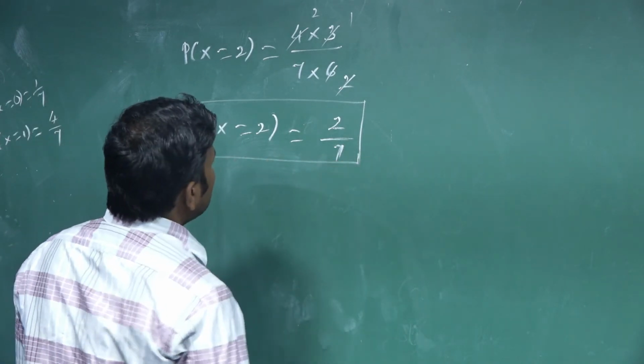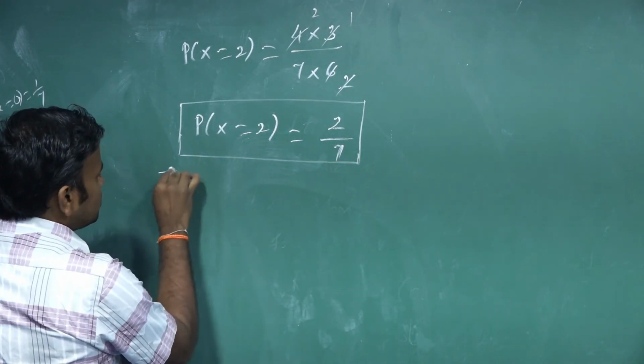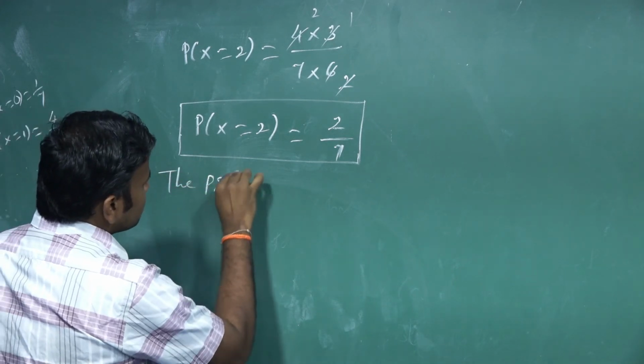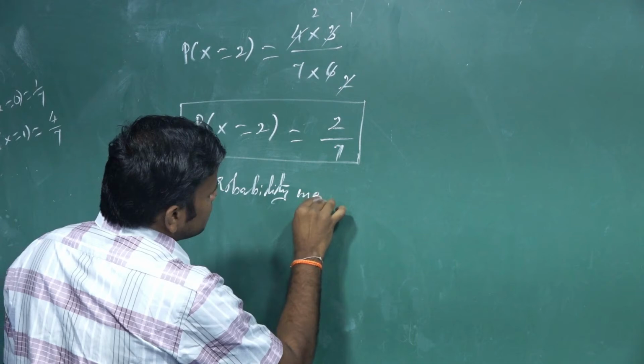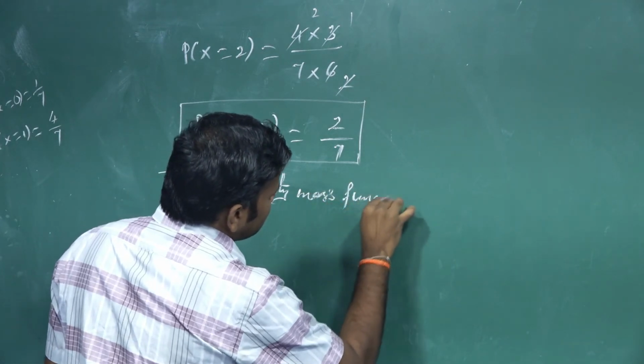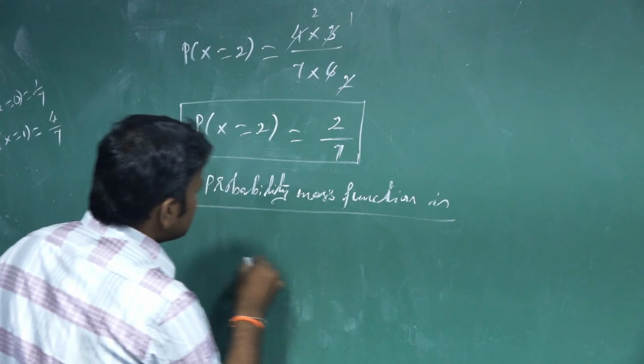So we have found all the probability values of the random variable. Therefore, next we form a table. The name of the table is the probability mass function. We form 2 rows.